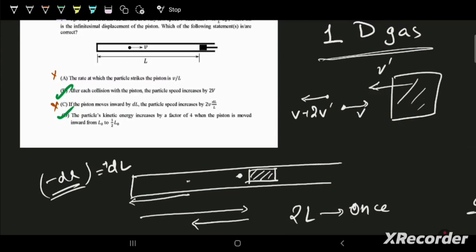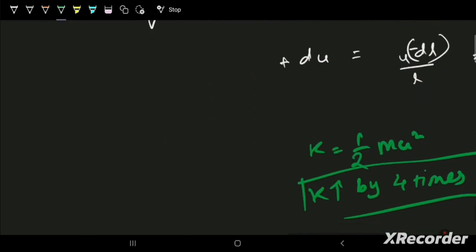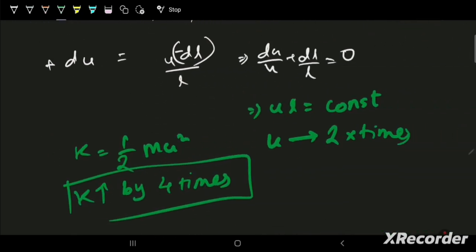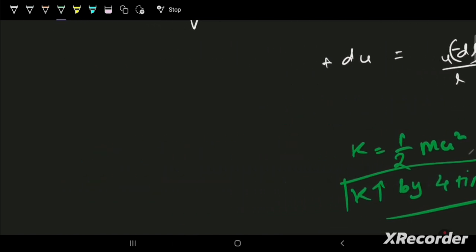Now you might be wondering what is the relation of this with thermodynamics. Well, I'm not going into the detailed derivation of the equations and all the KTG stuff, but I'm just giving you a small analogy. You observe that UL, where U is the velocity and L is the length. The concept behind it is that in this case the degree of freedom, that is small f, would be 1 because it's a 1D motion.